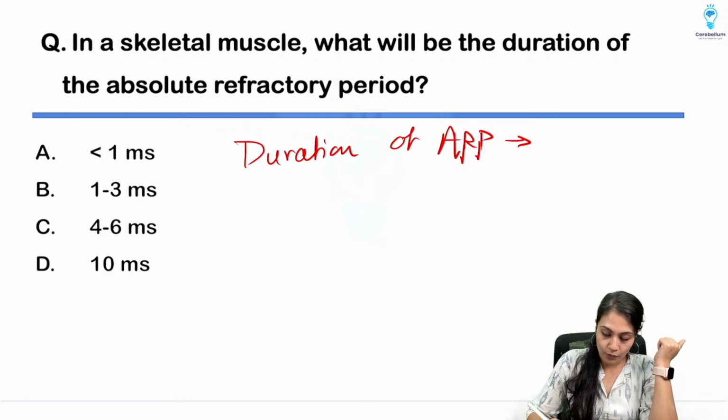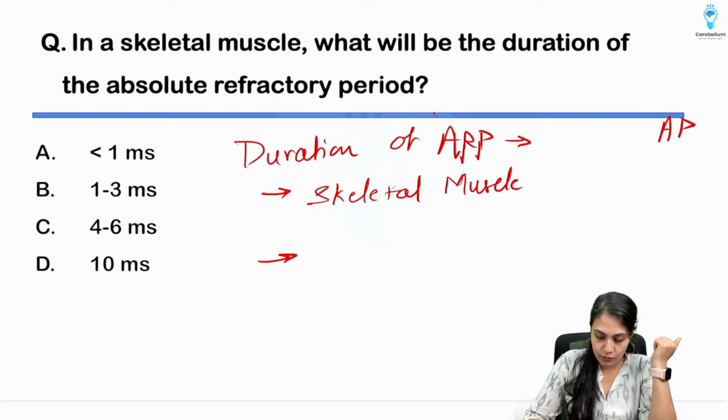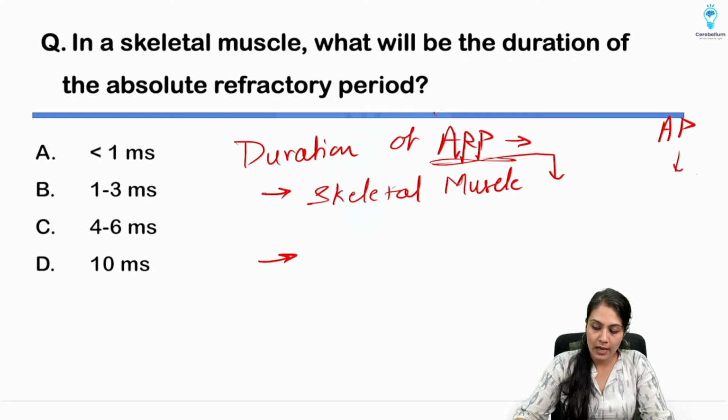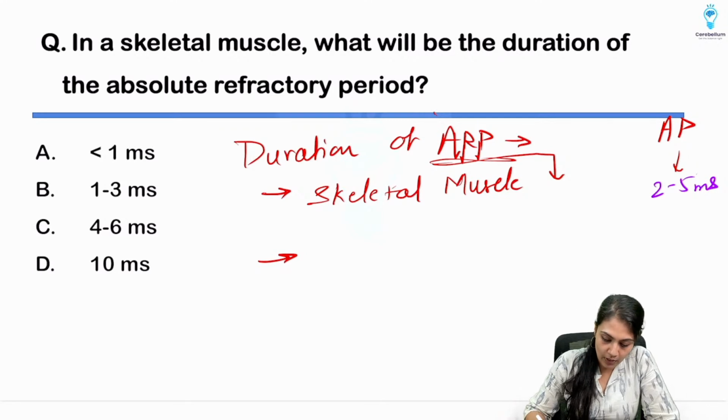So, duration of ARP, there are two muscles that we are going to discuss. First of all, the skeletal muscle. I'm going to write the duration of ARP first, and the duration of action potential. The whole action potential is going to last for 2 to 5 milliseconds in the case of skeletal muscle, and then the cardiac muscle.